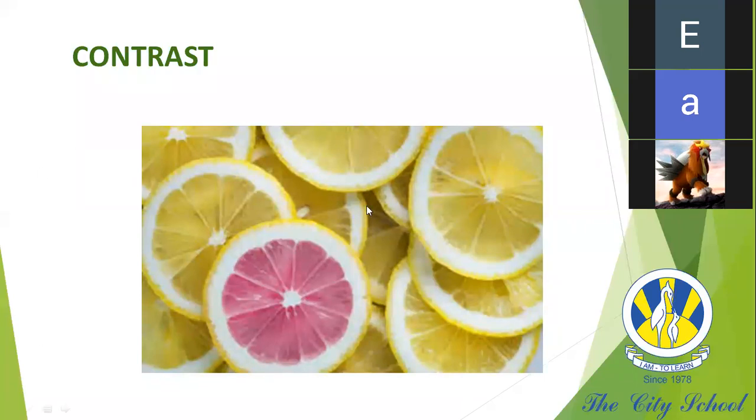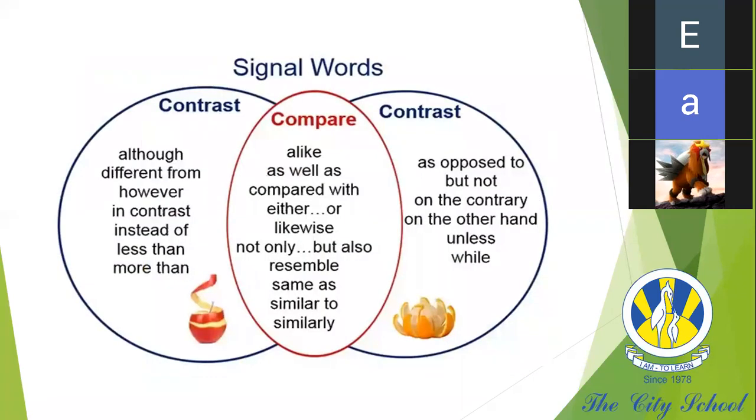The color, see, one is different from the others. So when you contrast, what do you do? You find differences. And when you compare, you find similarities. Yes, everyone is correct. Colors, yes, one is purple and the other is yellow. All right.